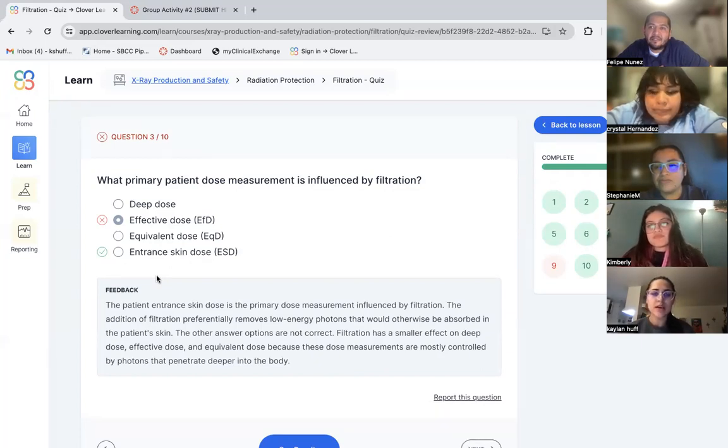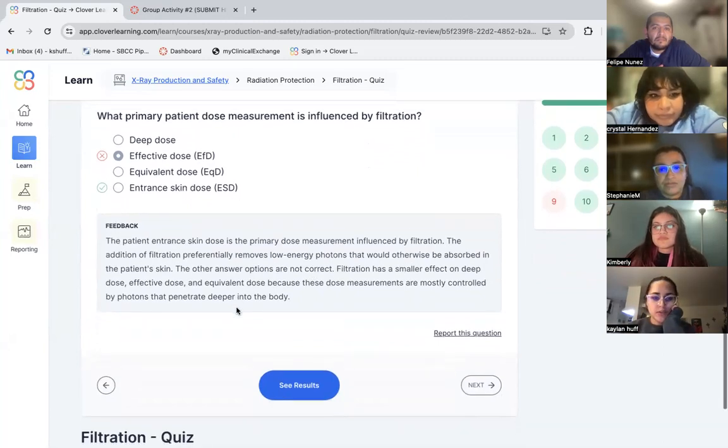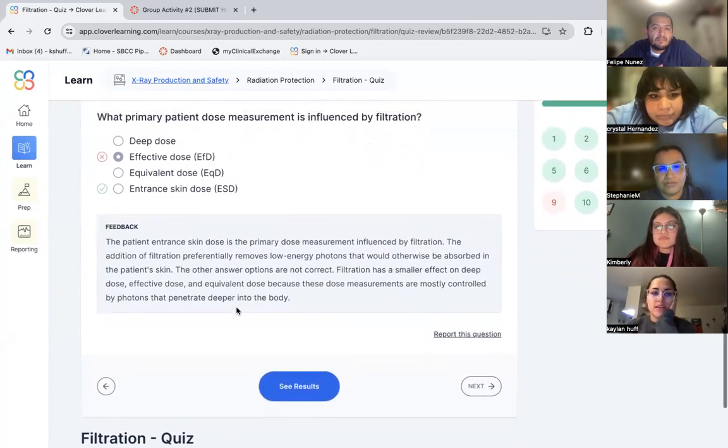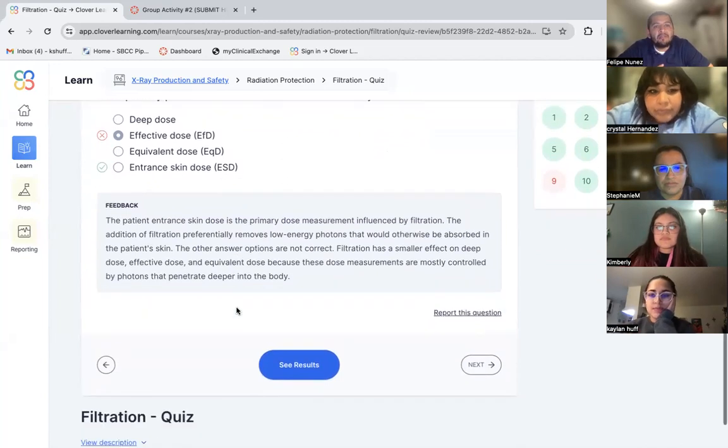I was thinking that too, I could remember this one also: the skin is the first thing that hits the patient for the patient dose. I don't know if that might trick me up later, but what does it say? It doesn't really say why it's not effective dose. Does anyone else want to add anything to this one? No?